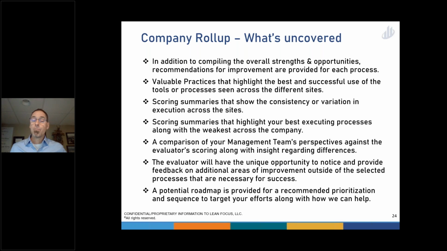We compare the management team's perspectives against our own, and we also have the opportunity to notice those additional areas that may be outside of scope, but we give maybe some recommendations in some other areas as well, and then that roadmap for improvement.